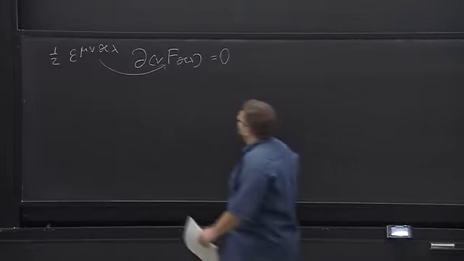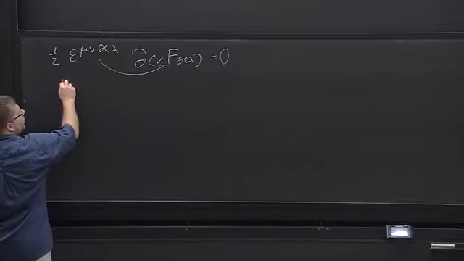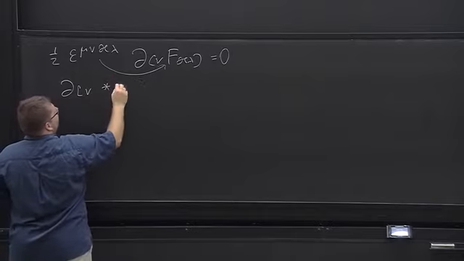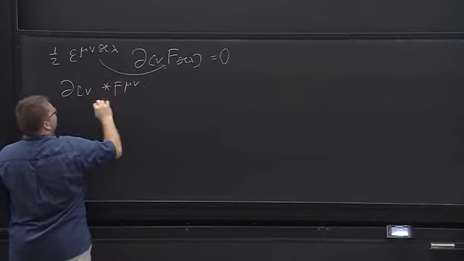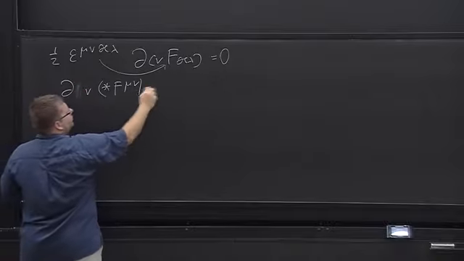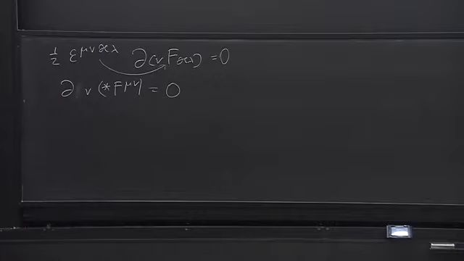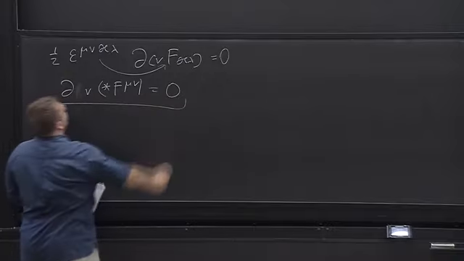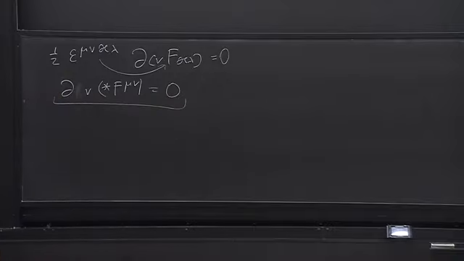So then you can equally write it as d nu of the Hodge dual f mu nu, and then you don't have to antisymmetrize anymore. I'm just putting this tensor epsilon through that partial derivative there. And so you see that you can equivalently write this equation.